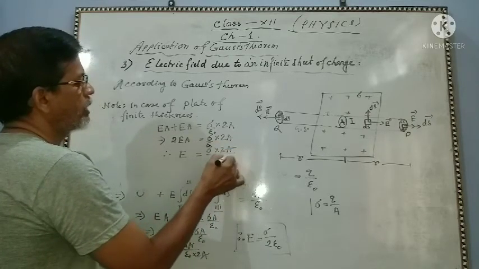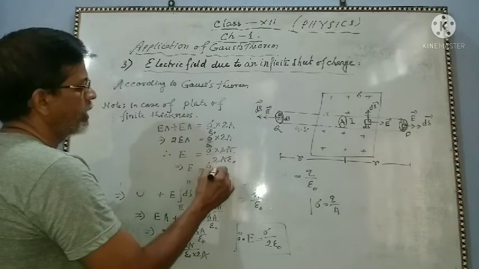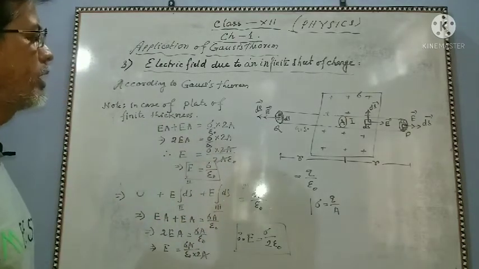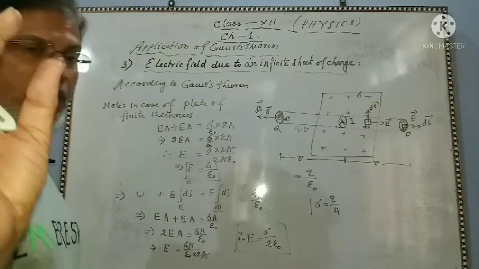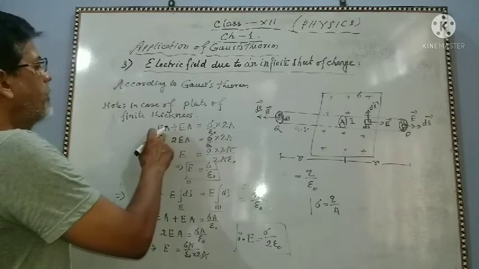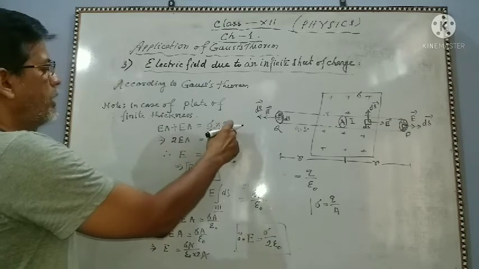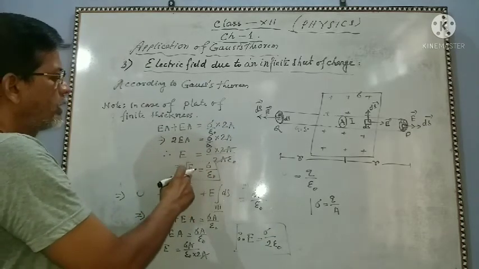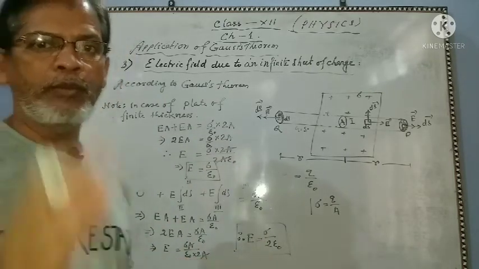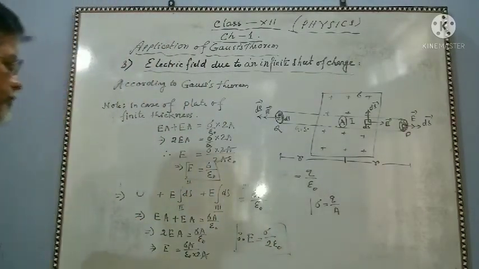The 2A cancels. We get E equal to sigma by epsilon naught. So for a sheet, E is sigma by twice epsilon naught, and for a plate, it is sigma by epsilon naught. Clear?